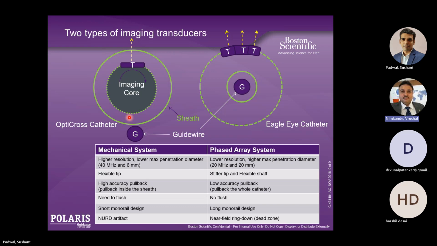Whenever you see NURD happening, it happens mainly because of the resistance that this rotating imaging core gets. If it is not rotating smoothly and gets stuck at one particular point, then the image at that point will be blurred or may not be readable. This mainly happens because of poor flush, or if there is tortuous anatomy, or a calcium nodule denting at one particular angle.